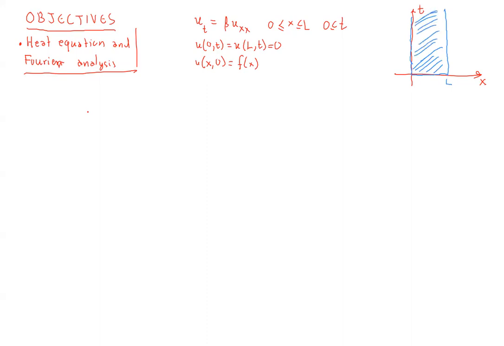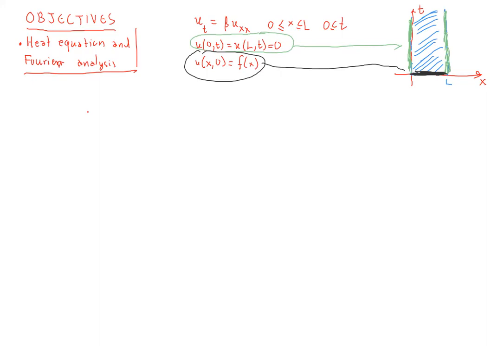And basically, what we're saying is that this condition right here tells us how to find these two parts, right? Tells us that these two parts are equal to 0. And this condition right here tells us how to find the values of the heat distribution function over this segment.